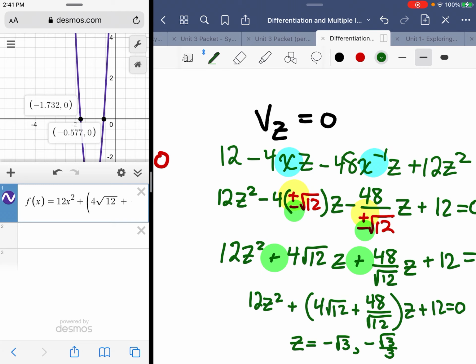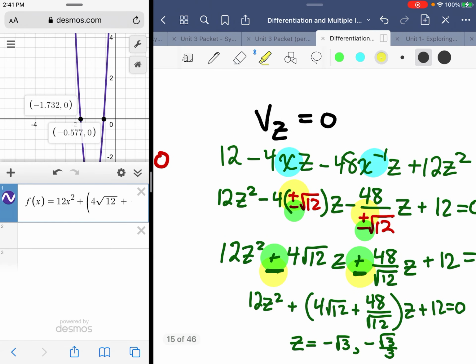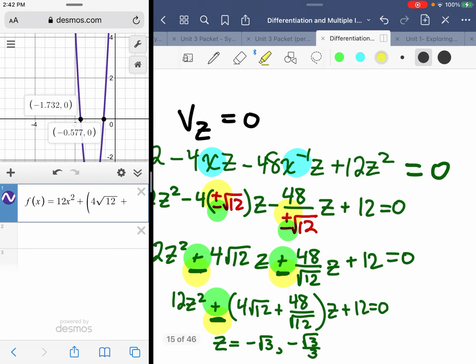That positive case would give us a negative here and a negative here, which is going to influence the sign in front of the binomial to be negative. So not much change, because from there I can just say or.